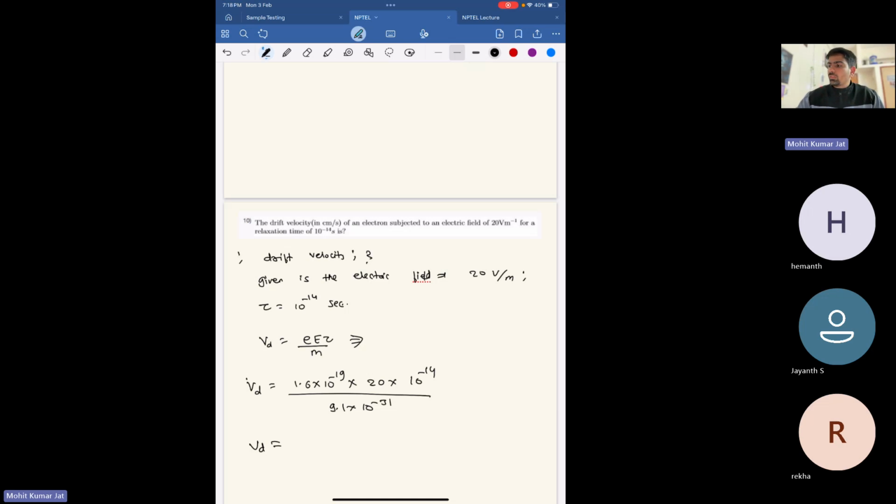So it's nothing but 1.6 times 20 divided by 9.1. That will be 3.56 into 10 power 19 plus 14 minus 14 minus 31 minus 2.